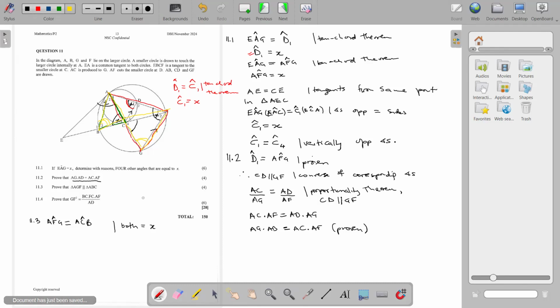So in other words, angle FGA is equal to angle CBA.